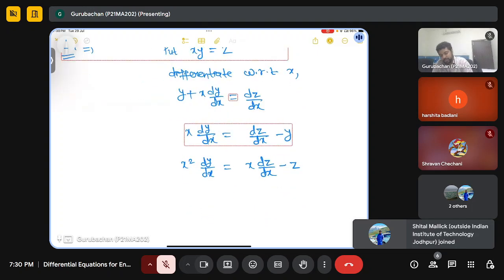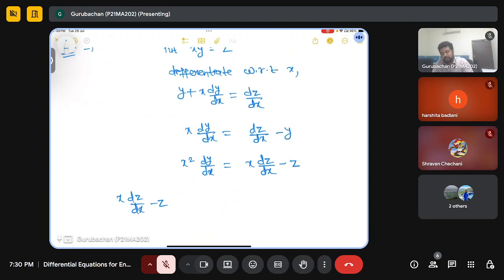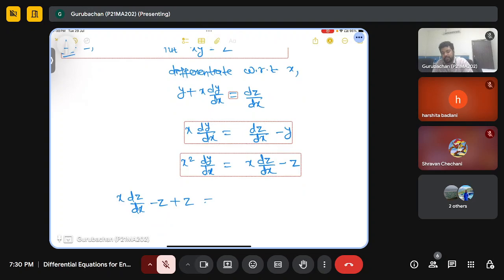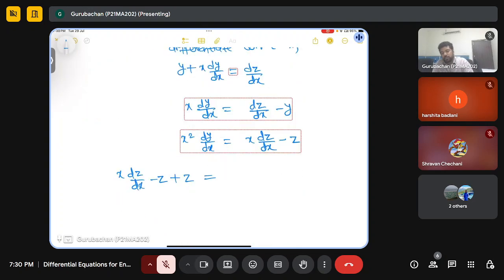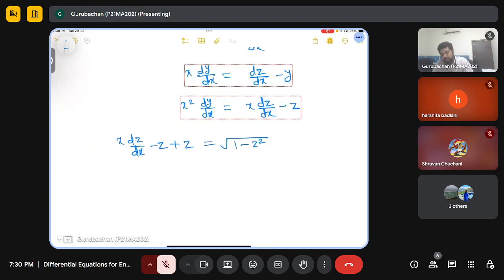So again, put these values in the given differential equation: minus z, and it will be plus z is equal to under root 1 minus z square. Okay. So what will this give you? This will give you dz by under root 1 minus z square equals dx by x.